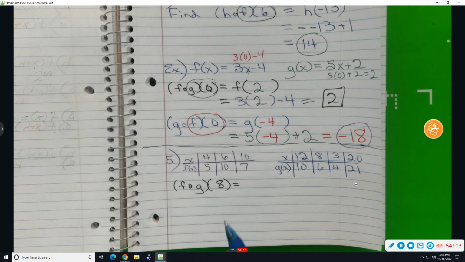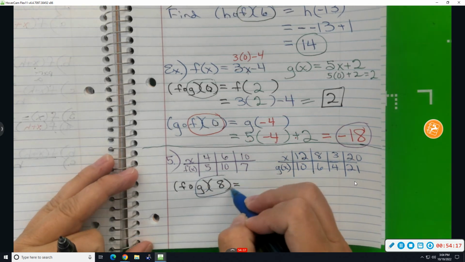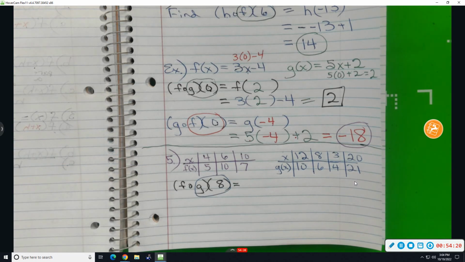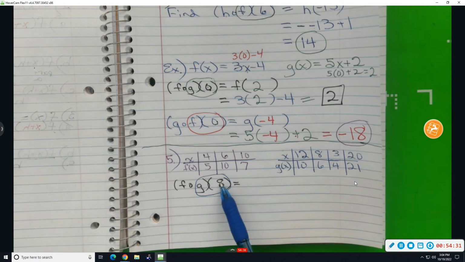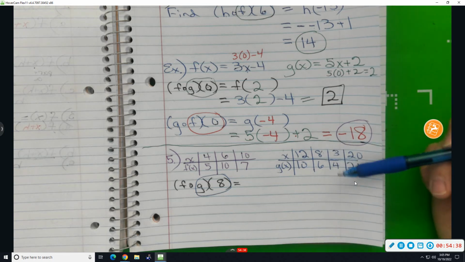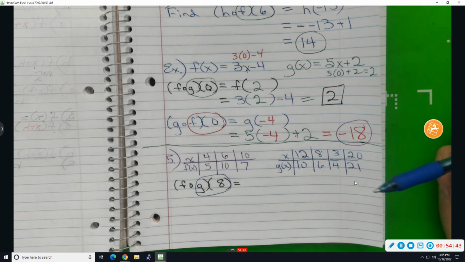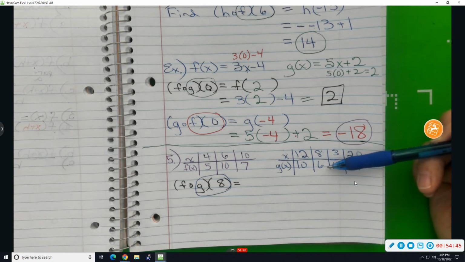We work with the inside function, g of 8. There's no equation to plug into. We're just going to have to go to the table, the g table function, and ask ourselves, what number is 8 assigned to? Go into table g. When x is 8, g assigns 8 to 6.